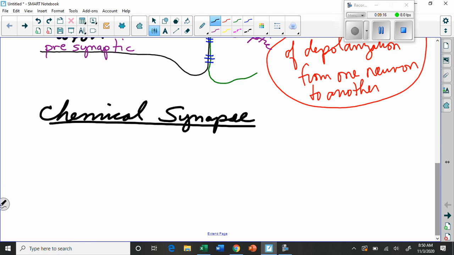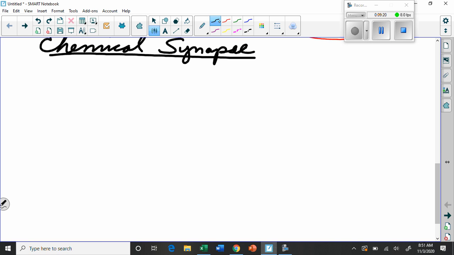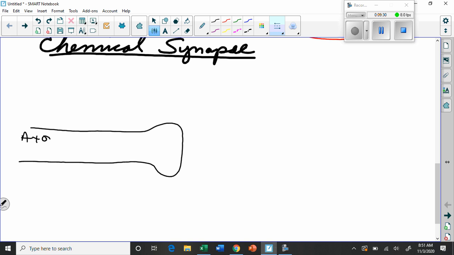So let's draw another picture. Here we have the incoming axon terminal. Or if you want, you can call it the presynaptic terminal or the presynaptic neuron. And in the membrane, there are little what we call vesicles, right?